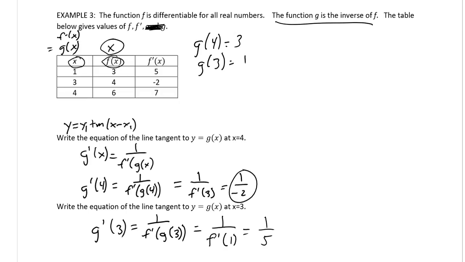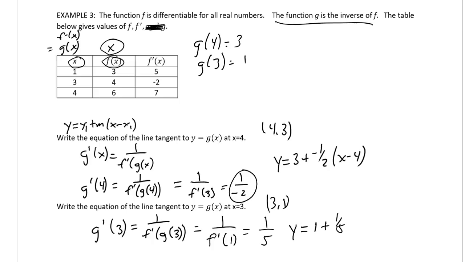So it'll be y equals 3 plus negative 1/2 times x minus 4. And then here, the point 3, 1 is on the curve. So y equals 1 plus 1/5 times x minus 3. Alright. Those are the equations of our tangent lines there.